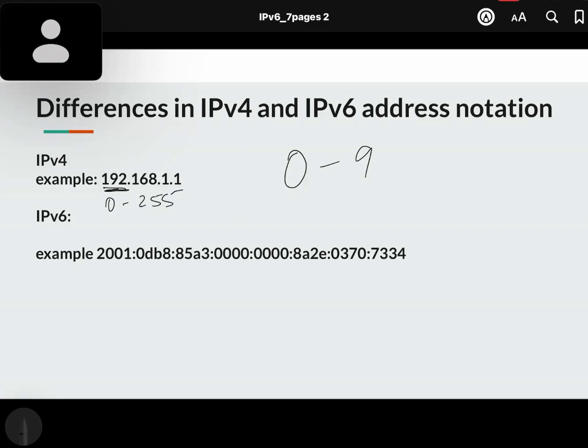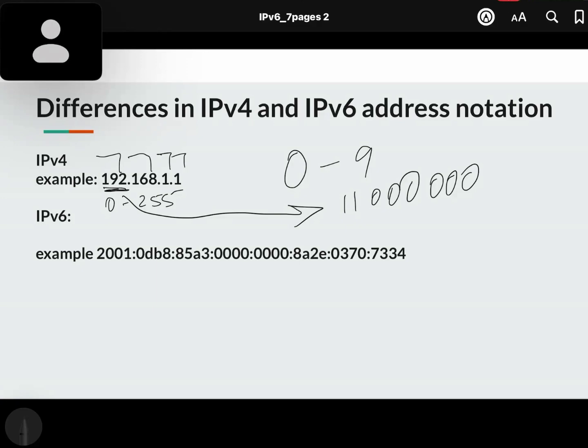For example, the decimal number 192 in binary is 11000000, so 6 zeros. IPv4 addresses are divided into 4 octets, separated by dots. No letters, special characters, or symbols are allowed.